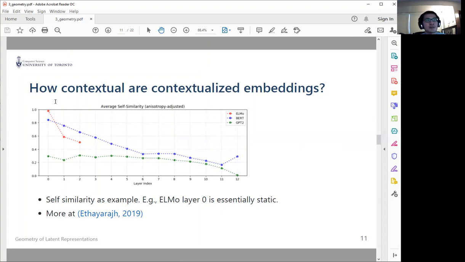So it makes sense that whatever the word is, it outputs a corresponding fixed vector. But for the other two embeddings, like BERT and GPT-2, since the first layer, there is some effect of contextuality.